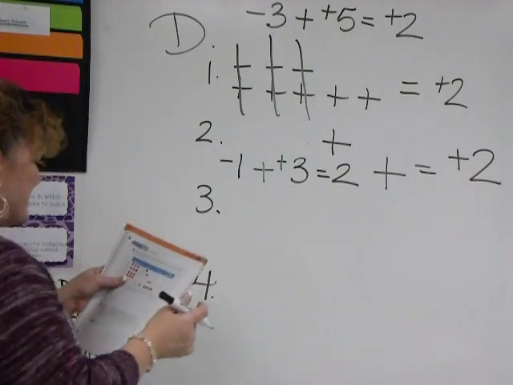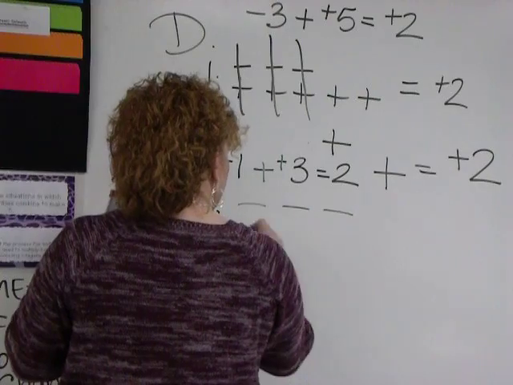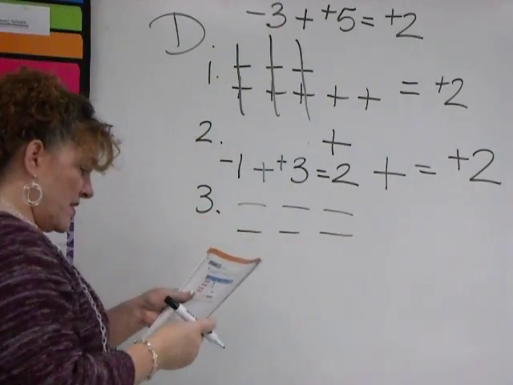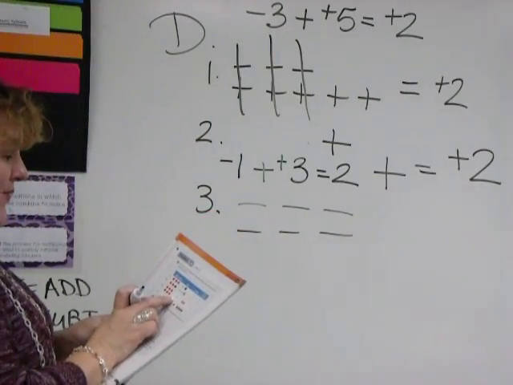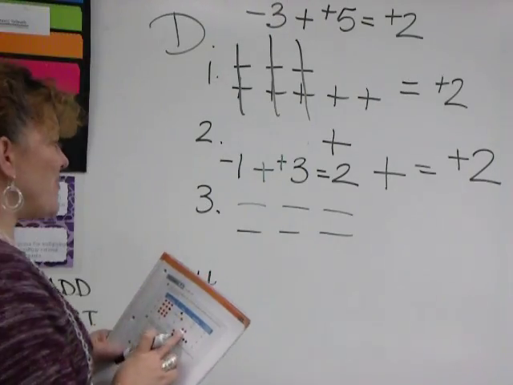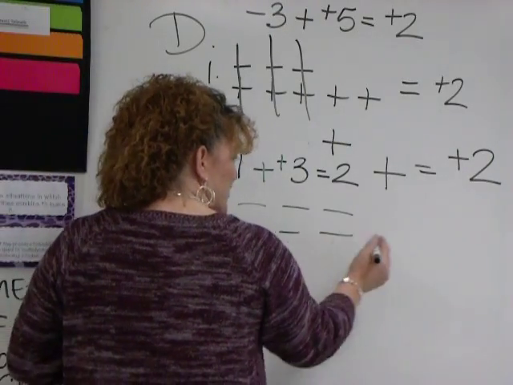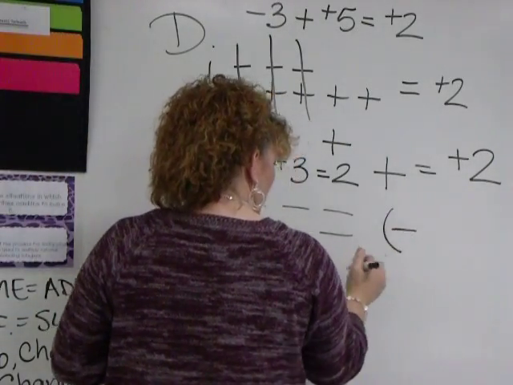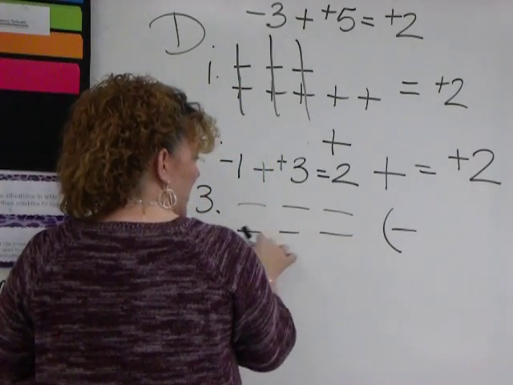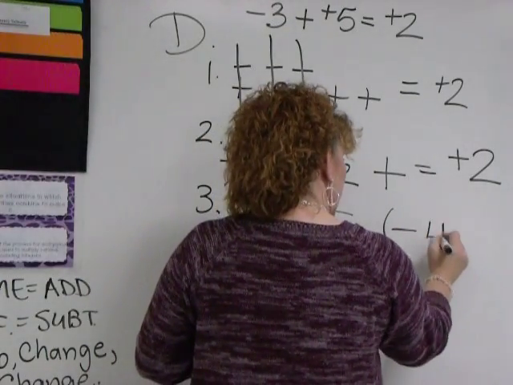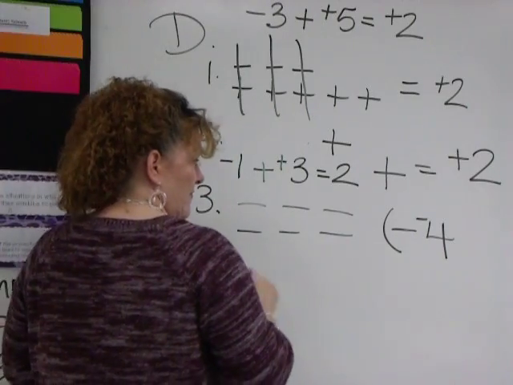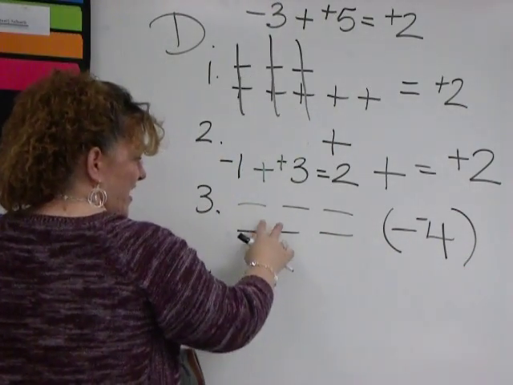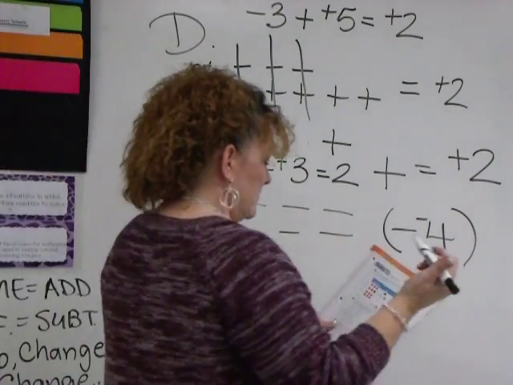Number 3 says I have 6 negatives. What do I have to do to end up with 2 negatives? I have to subtract 1, 2, 3, 4 negatives to end up with 2 negatives.